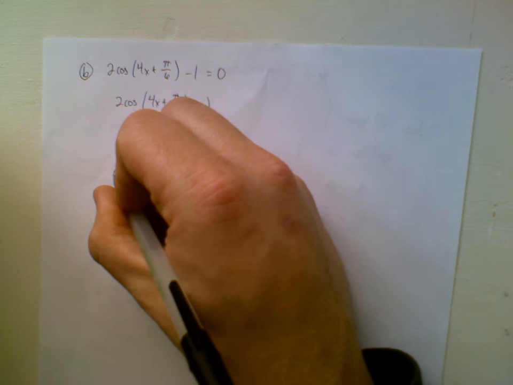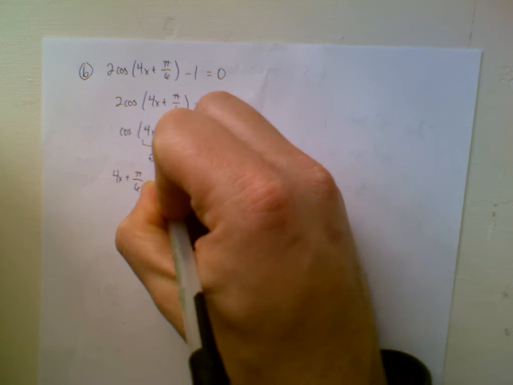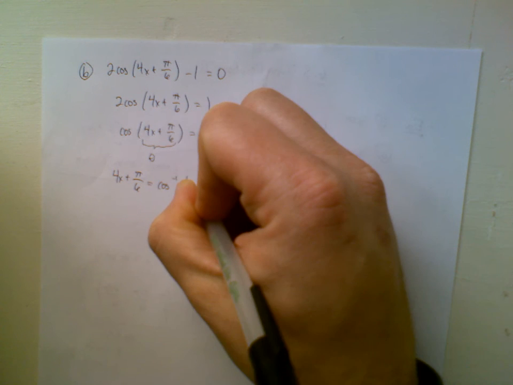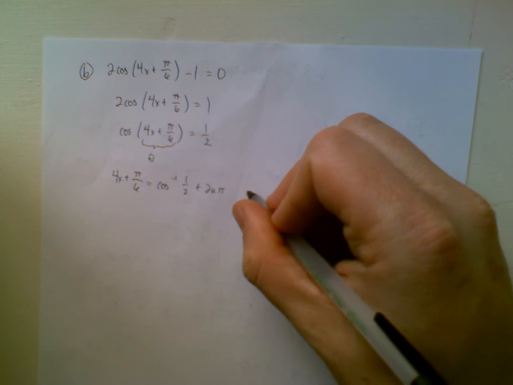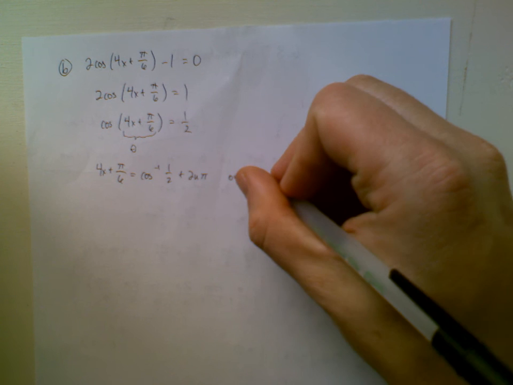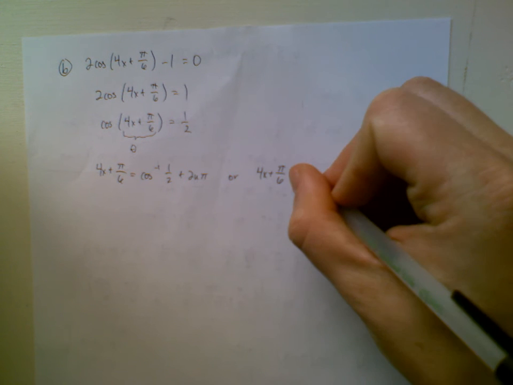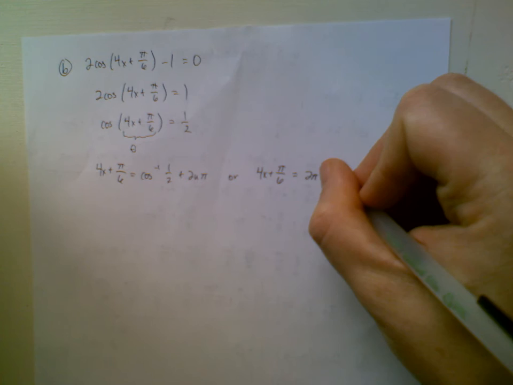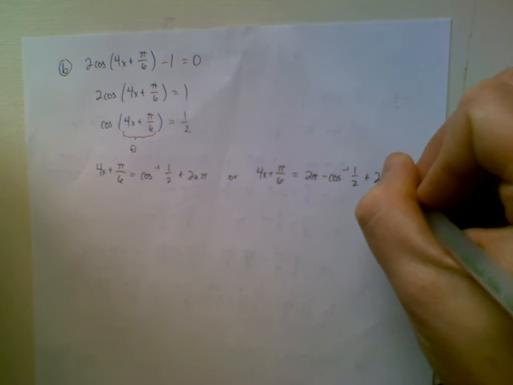I'm going to say, all right, so 4x + π/6 = cosine inverse of 1/2 + 2nπ, or 4x + π/6 = 2π − cosine inverse of 1/2 + 2nπ.